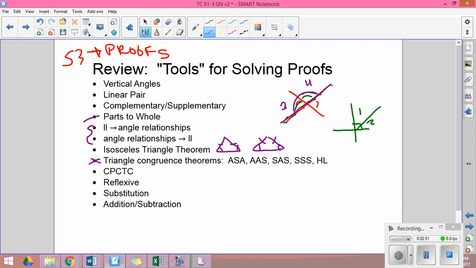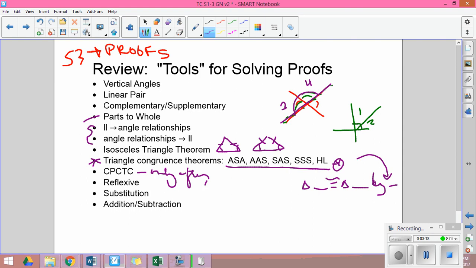We just got done studying all of our triangle congruence theorems, and remember there are 5. These only are used as reasons when you write a congruency statement, triangle something congruent to triangle something, by. The only thing that goes in that by line are one of these 5 reasons. CPCTC is only after triangle congruence.